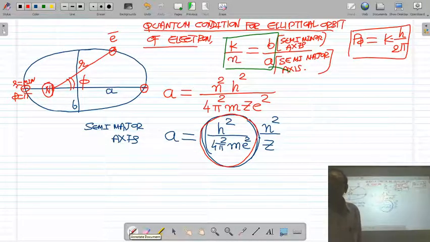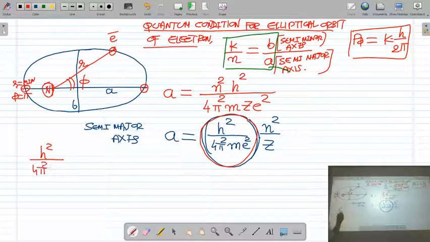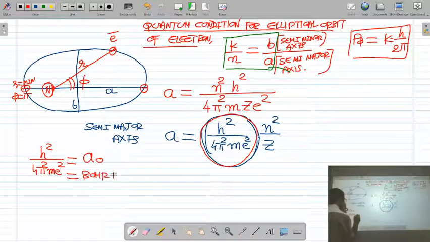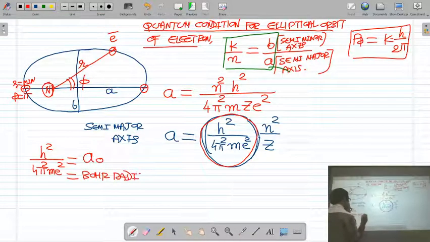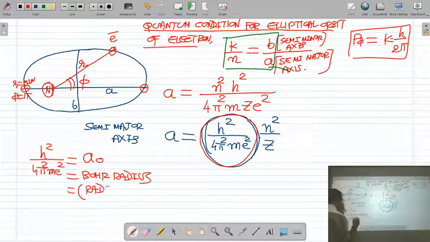It is known as Bohr radius a0, right? So I define this term: h square upon 4 pi square m e square is called Bohr radius a0. What is Bohr radius? It is the radius of the smallest orbit.